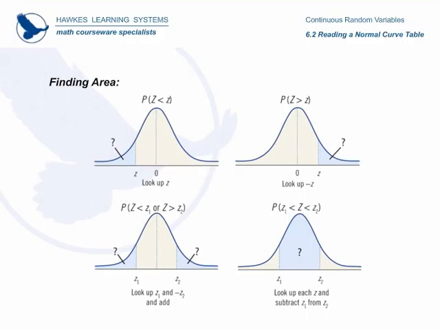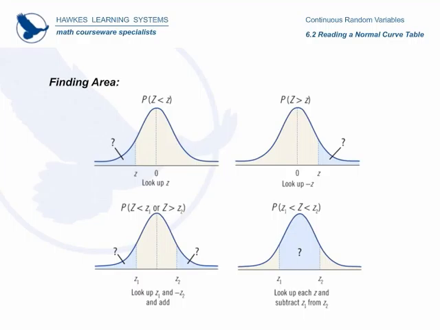Here in our last slide we have some pictorials of finding area. And we can look up Z, look up negative Z in our top two pictorials. And in our bottom two pictorials, we can look up Z sub 1 and negative Z sub 2 and add. And then we can look up Z and subtract Z sub 1 from Z sub 2. So in our top two pictorials, we can see we're finding the area to the left.